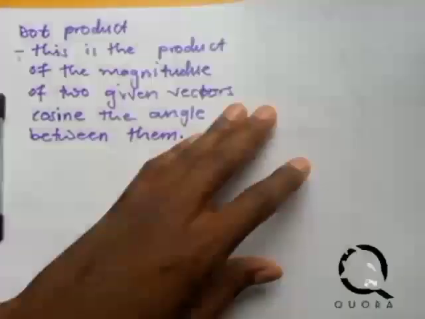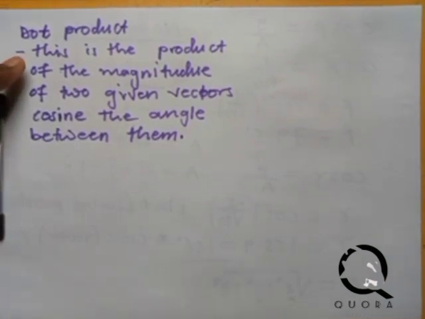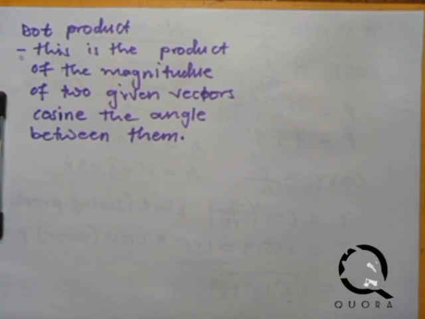Now, what does it mean if they say a dot product? I've defined it like this. A dot product simply means the product of the magnitude of two given vectors cosine the angle between them. What does it mean?